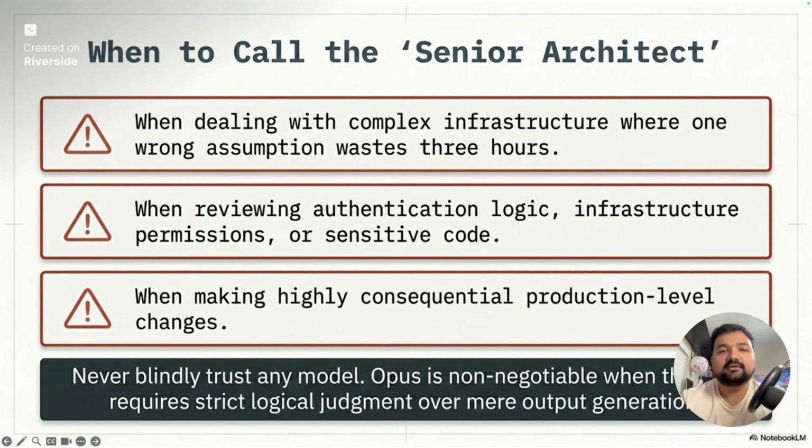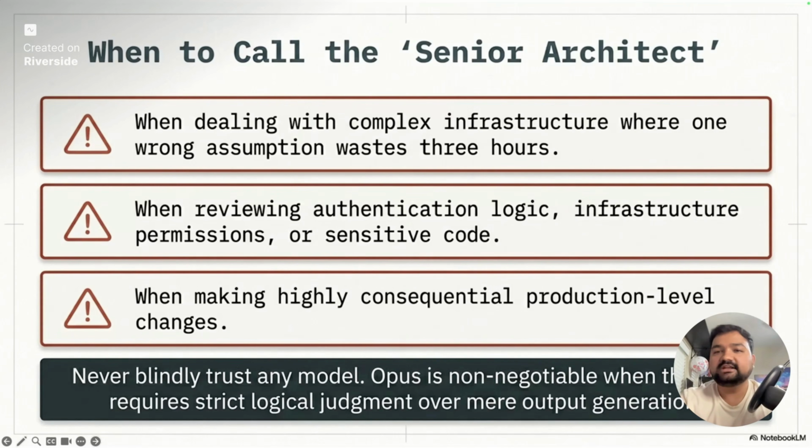So there are moments when I would not use GLM 5.2 as my first choice. If I am dealing with complex infrastructure where one wrong assumption can create serious problems, I want Opus. If I am reviewing authentication logic, permissions, security controls, and production infrastructure, I want Opus. If I'm making high-consequence production-level changes, then I want Opus.